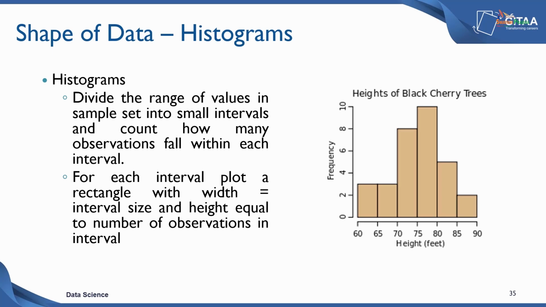The two commonly used tools for the shape of data: one of them is histograms, which is used mainly for continuous variables. What is plotted here is the heights of black cherry trees. Essentially you break down your entire range of data, which varies between 60 feet and 90 feet.